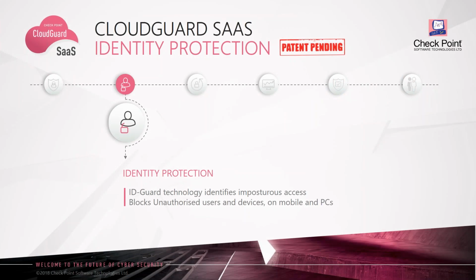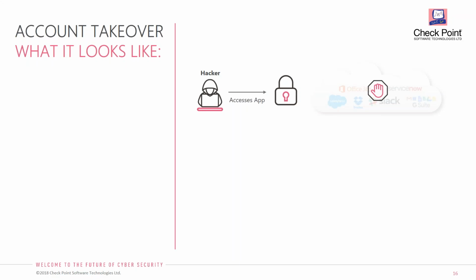When it comes to identity protection, this is where our ID Guard product helps us both on mobiles and on endpoints. And again, there are two options that we have here. If we think of what's happening when the bad guy tries to attack us, the attacker may try and shoulder surf you, for example, and then try and get hold of your credentials.